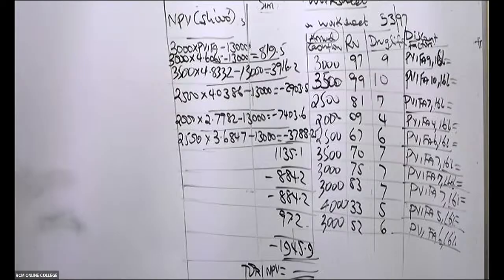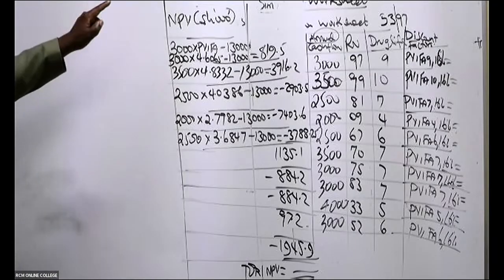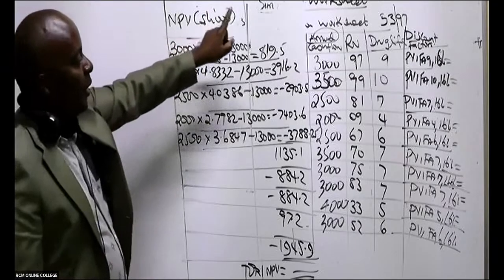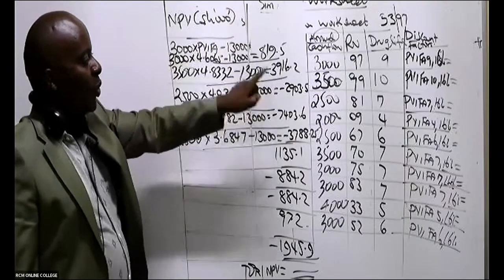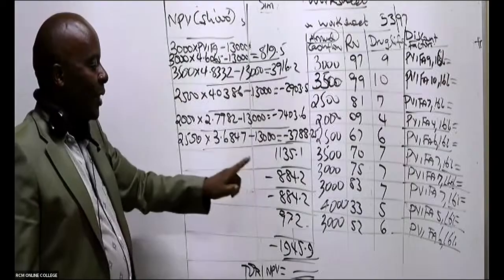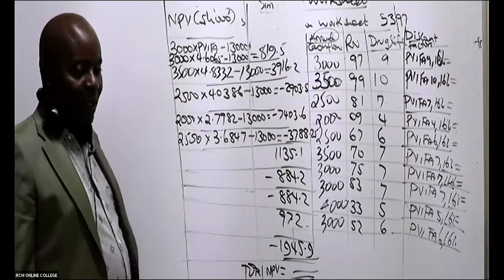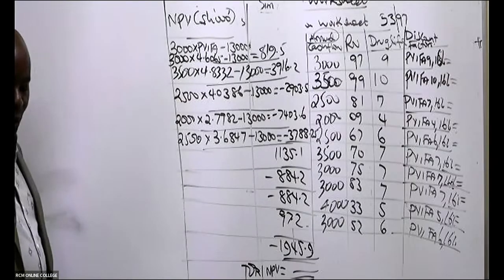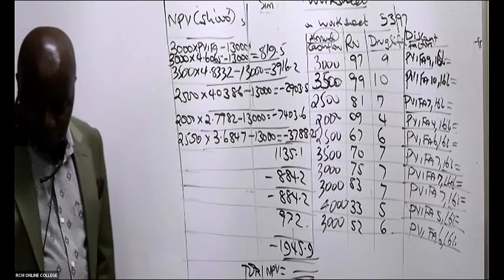So this is 819.5 plus 3916.2 minus this 2903.5 minus this, minus that, plus that, minus that, minus that, plus that, minus that. You give me the total net present value.